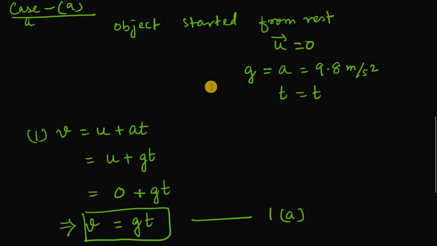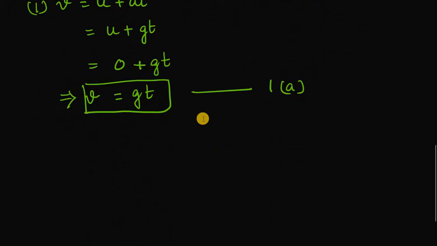Now, in case of a free fall, downward, the body is released from, let's say, if this is equation 1, what would be the other one? Equation 2 was s equals ut plus half at square.